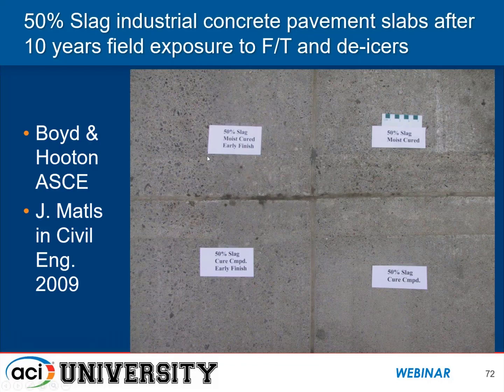And what you can see is with the curing compound and normal finishing, there's absolutely no scaling. With the moist curing and early finishing, a few sand grains are a little more exposed because they trap some bleed water. But generally, after 10 years, that's in excellent condition. And this is seeing a lot of high truck traffic.